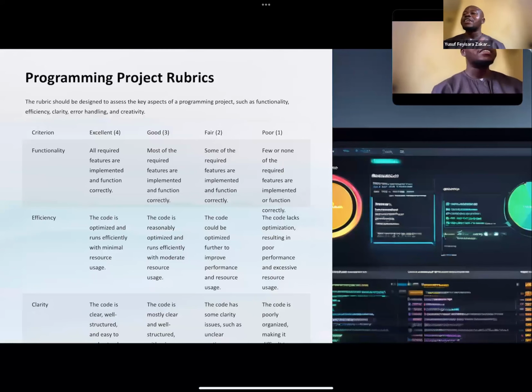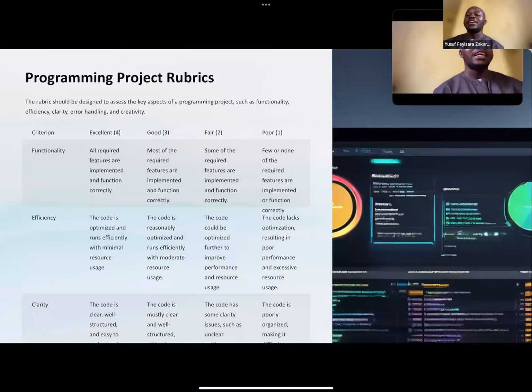The second criterion is efficiency. Under excellent, the code is optimized and runs efficiently with minimal resource usage. And under poor, the code lacks optimization, resulting in poor performance and excessive resource usage. Then clarity. Take note, the last one is another criterion.